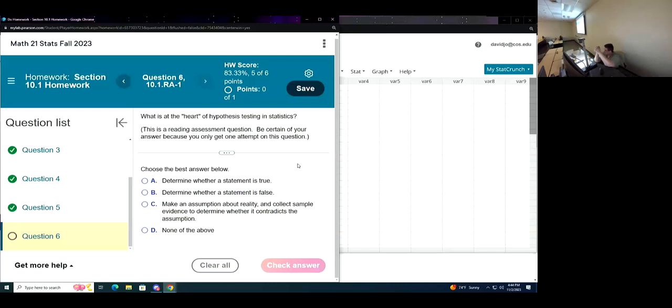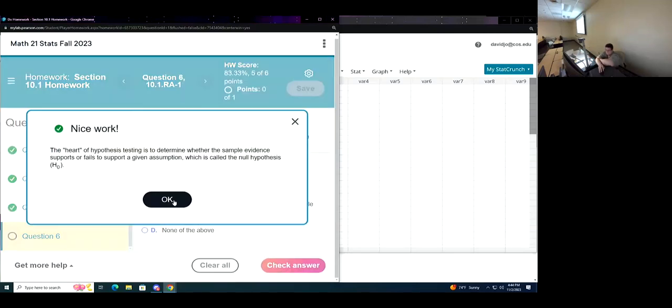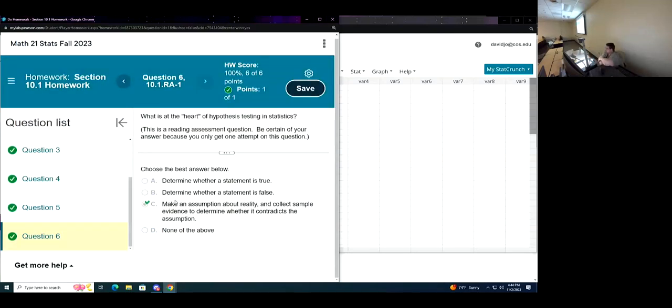When we led with it, the assumption about what I was doing was that the deck was fair. And then with some sample evidence, you made the assumption that the deck was not fair, that it looked like I was stacking the deck. This is C.